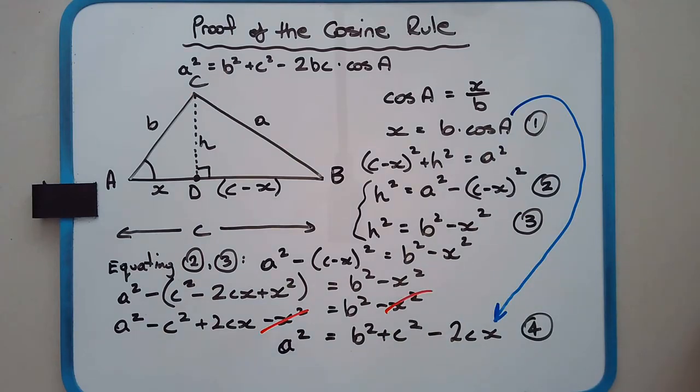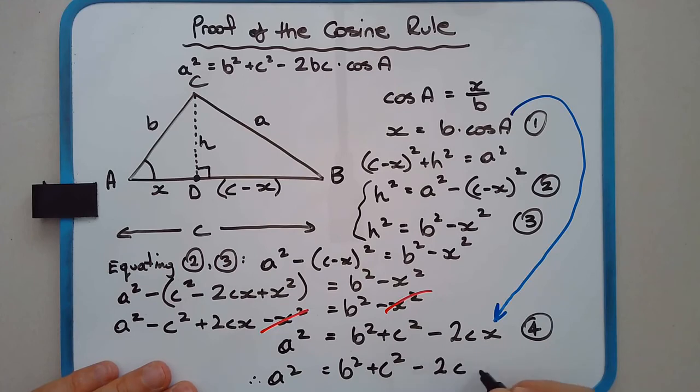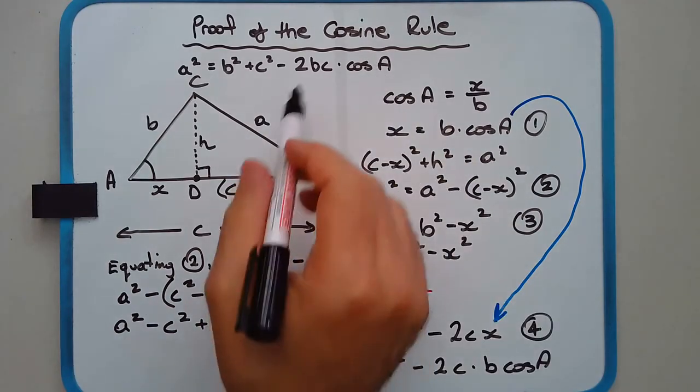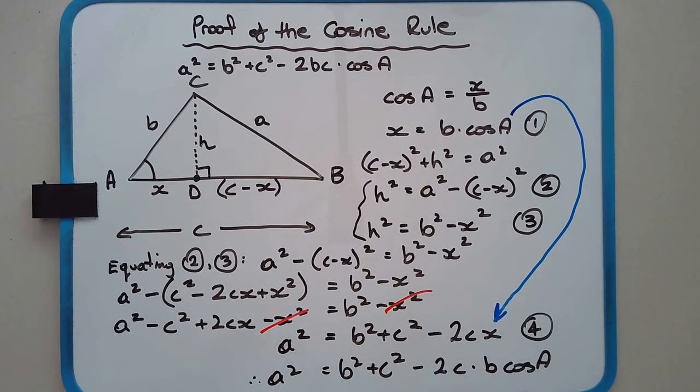So a squared is equal to b squared plus c squared minus 2c times b cos a, and you can see that basically is the cosine rule. If we swap the b and the c around, since it's all multiplication, I could just write it this way, and we have our cosine rule: a squared equals b squared plus c squared minus 2bc cos a.